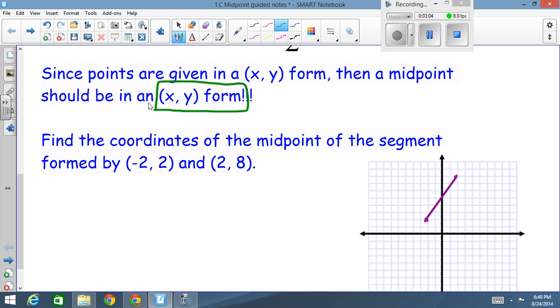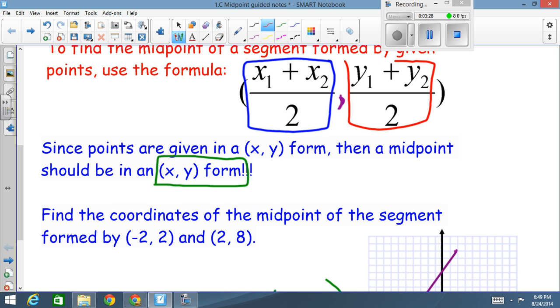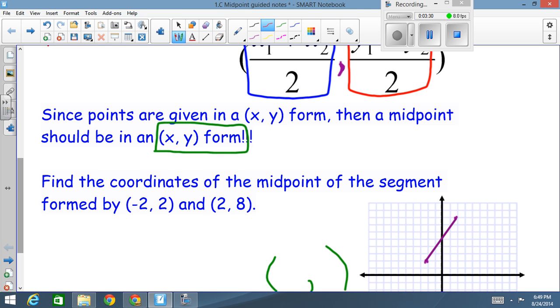So the midpoint is going to be something, comma, something. And that's the reason why, when you look at the formula here, x1 plus x2 divided by 2, this part gives you the x value of your midpoint. This over here gives you the y value of your midpoint. So in our answer, this is going to go here. This is going to go here. Okay?